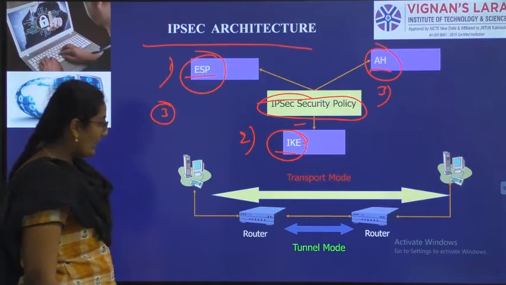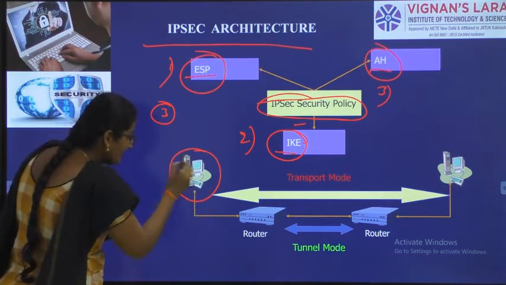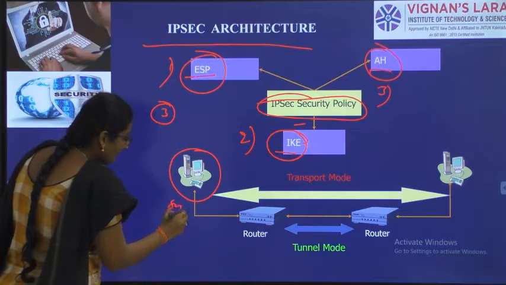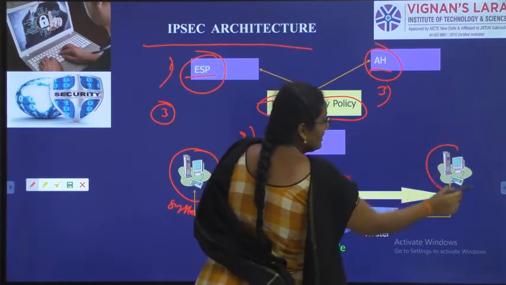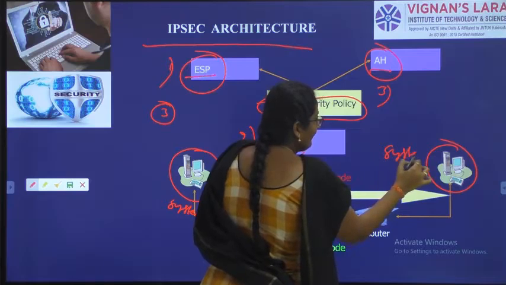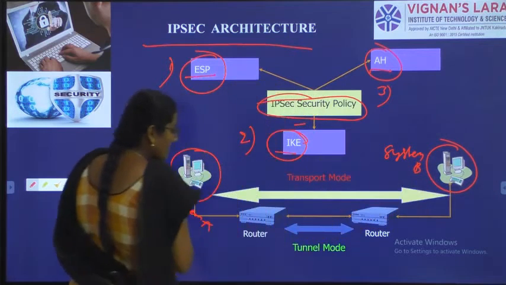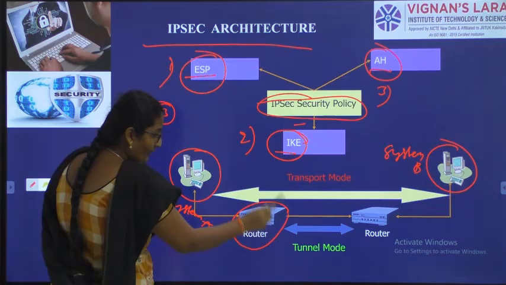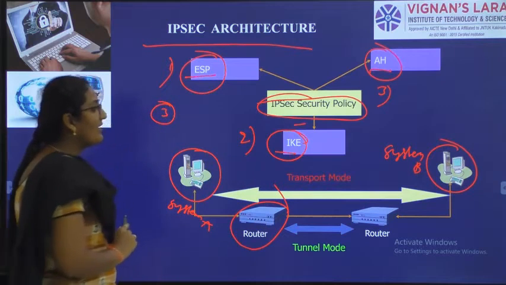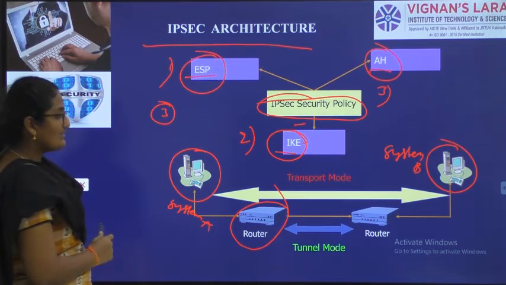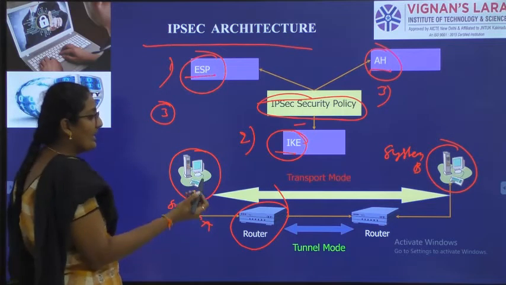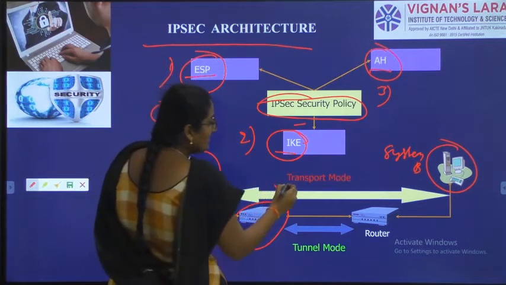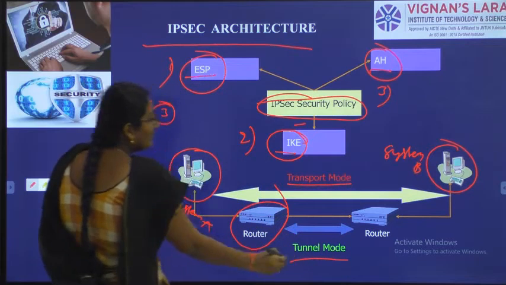Now what I wanted to tell you is, you can see here a computer, that is system A, and you can see one more thing here, that is system B. System A and system B are in communication with the help of routers. This communication can happen in the transport layer or the network layer. While happening in the network layer, we have two different modes: transport mode and tunnel mode.